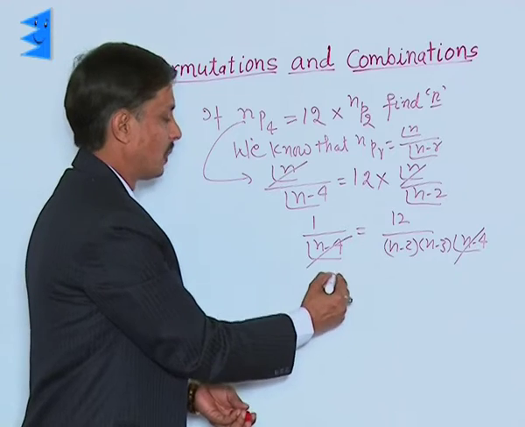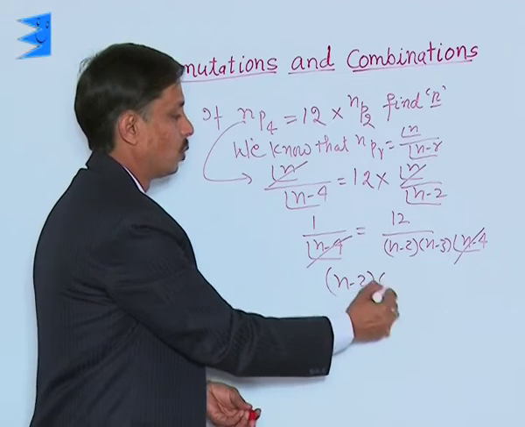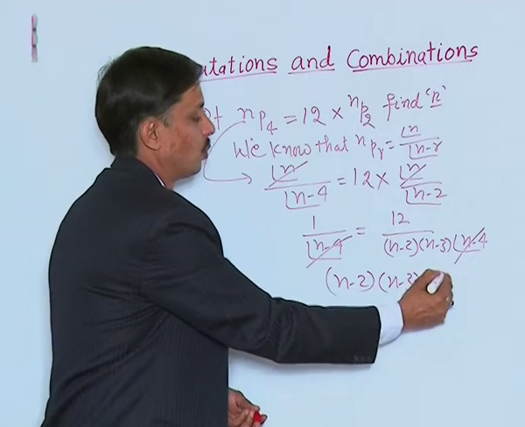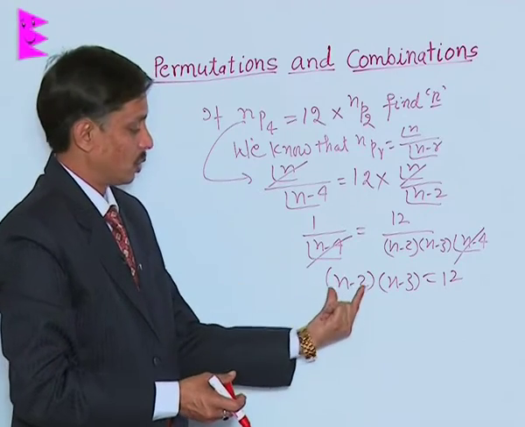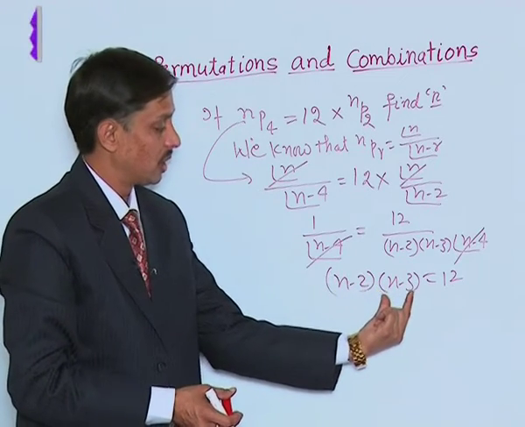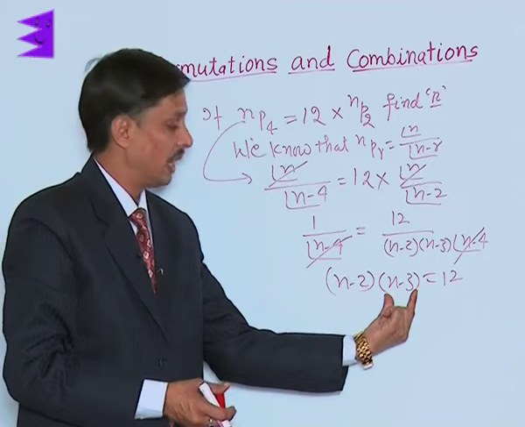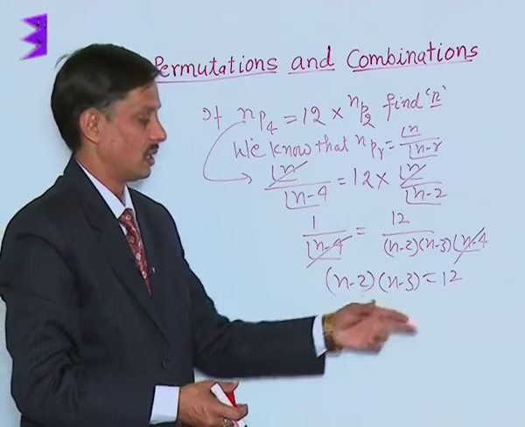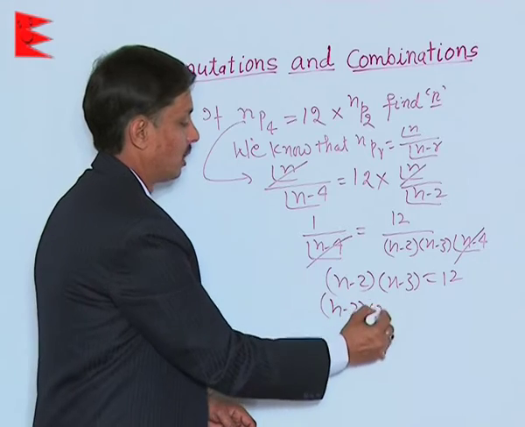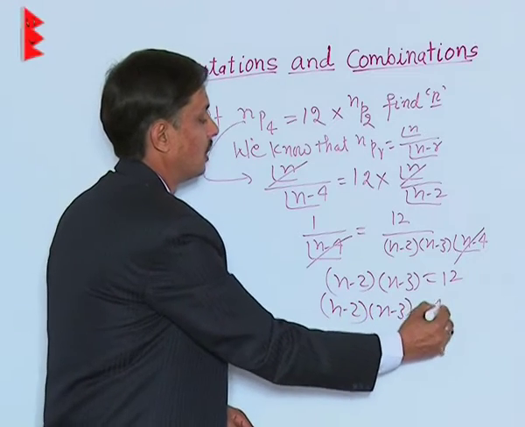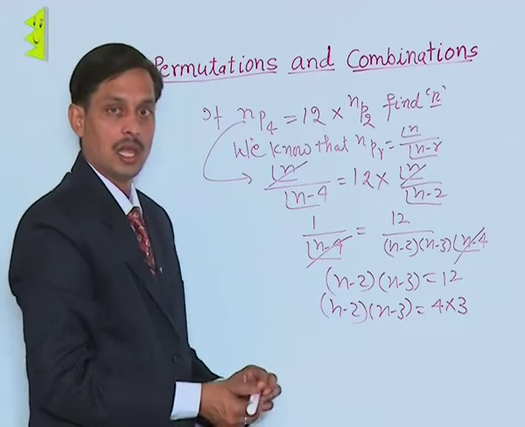So now we can cross multiply: (n minus 2) into (n minus 3) equals 12. As n is a natural number, this is one natural number, and this is a consecutive lesser natural number, one less than this, and the product equals 12, which is 4 into 3.